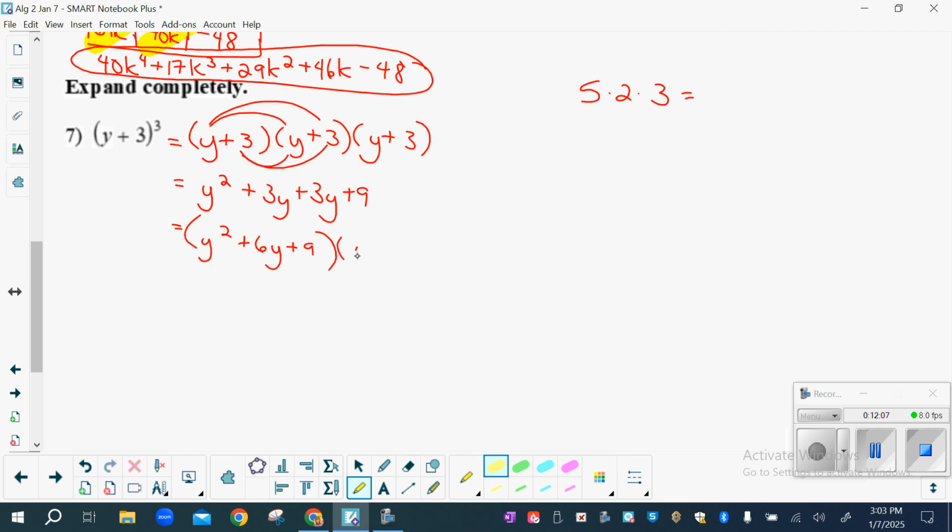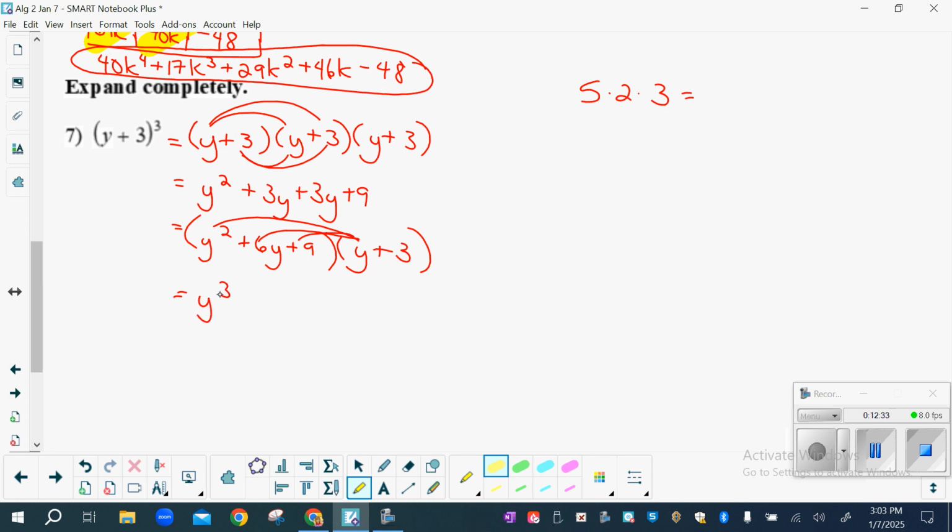And then I just multiply that by y plus 3. Because the y plus 3 has 2 terms and it's on the right, I would start with those because there's 2 of those terms, so go this, this, this, because otherwise we'd have to draw and erase since there's 3 terms.